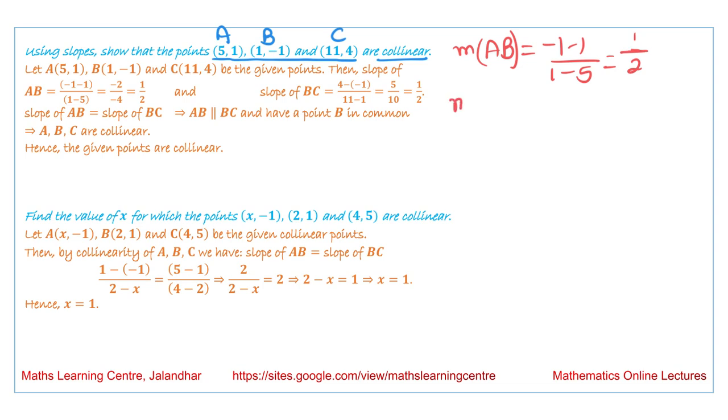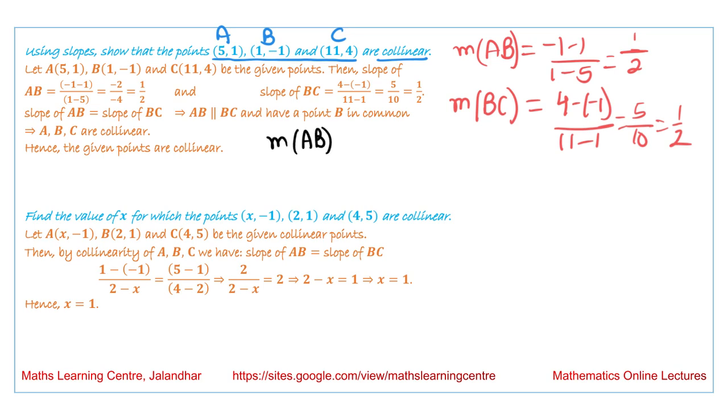When we calculate the slope of the line BC, the answer is (4 minus 1) divided by (11 minus 1). The value we obtain is 5 by 10, which is equal to 1 by 2. Now clearly the slope of the line AB is equal to the slope of the line BC, and this implies that AB is parallel to BC, but the point B is common between both these.